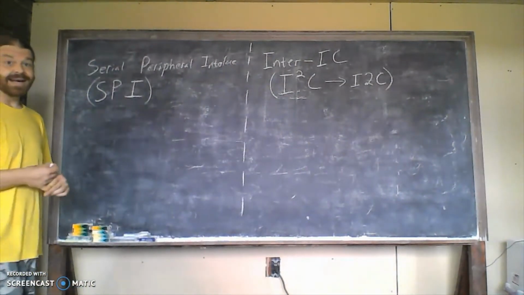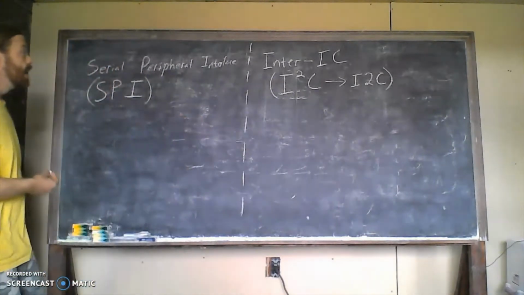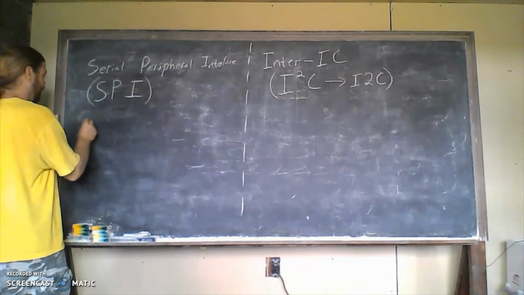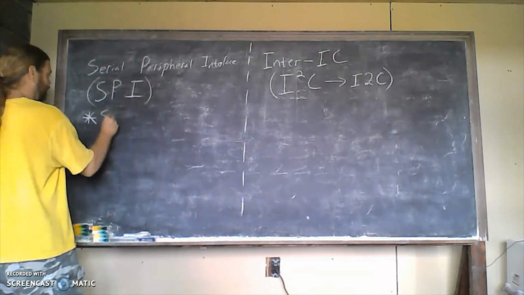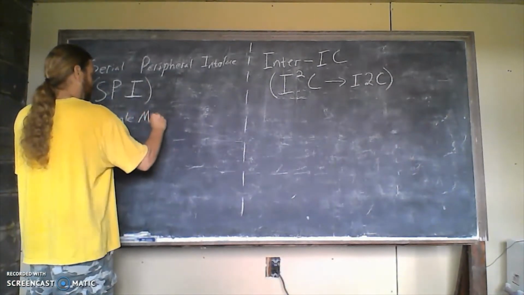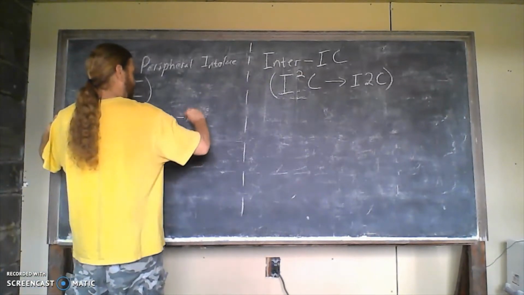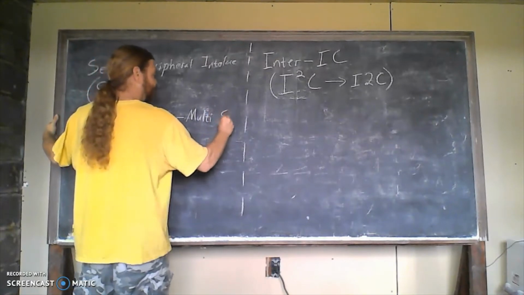So the basic idea of these two communication protocols is, for SPI, that is single master and multiple slaves.